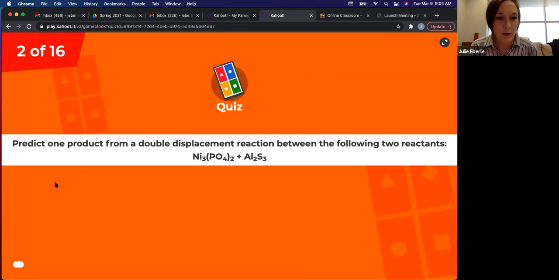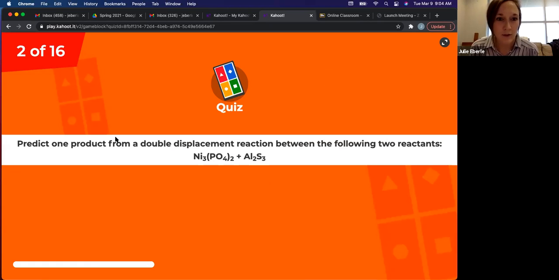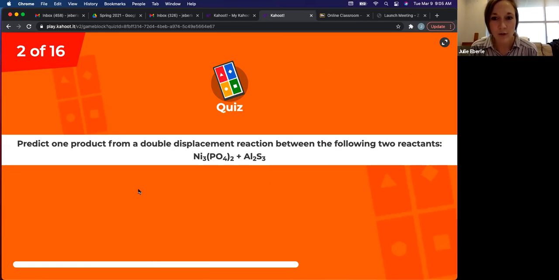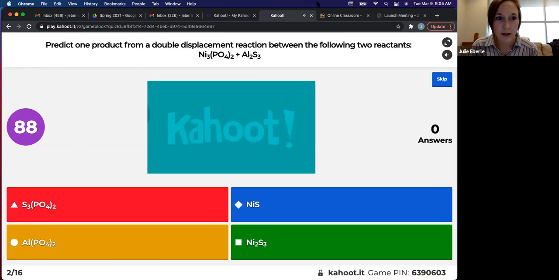Quiz 2. Predict one product from the double displacement reaction between the following two reactants. Okay, how much time do you have? You got like a minute and a half. So predict one product from a double displacement reaction between nickel phosphate, nickel 2 phosphate, and aluminum sulfide.